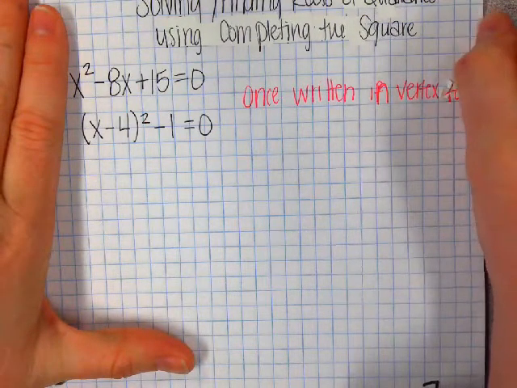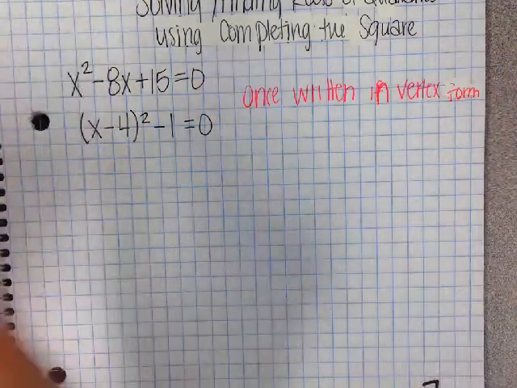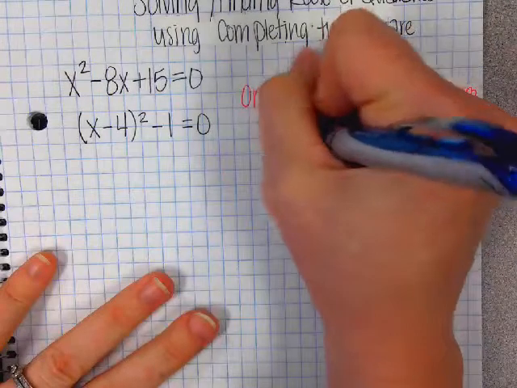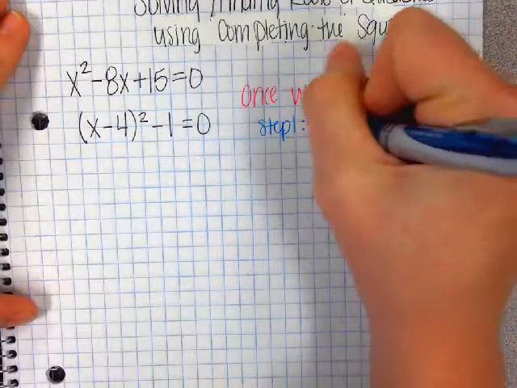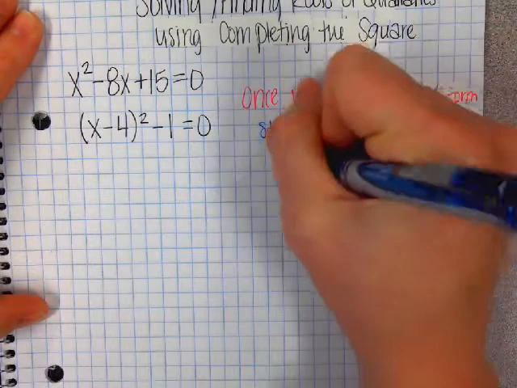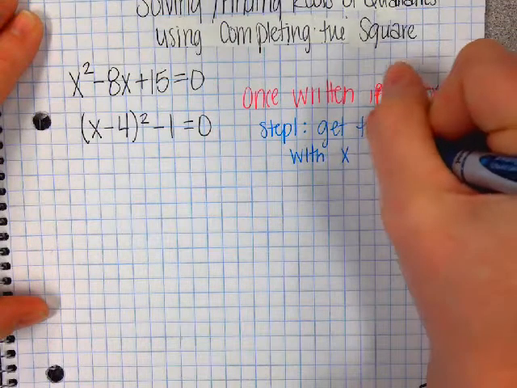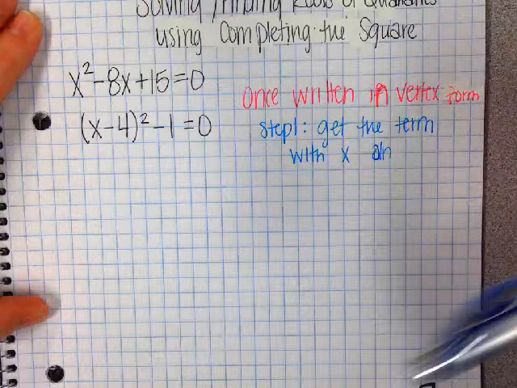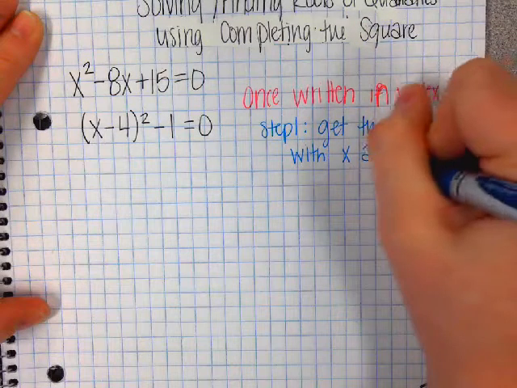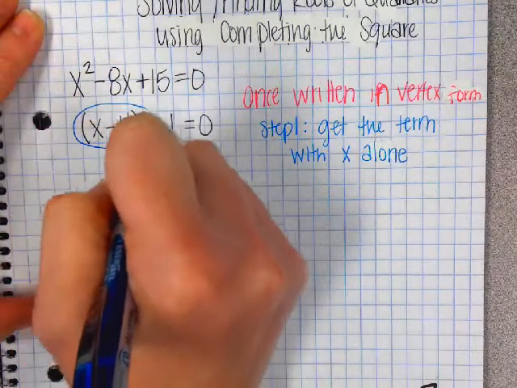Once written in vertex form, the first thing you need to do, or the first step, get the term with x alone.